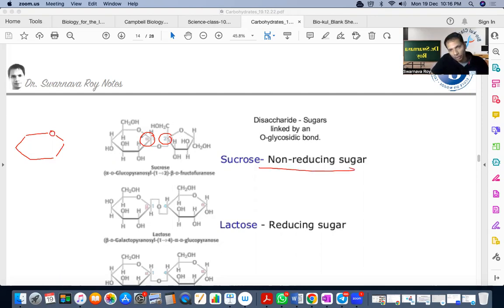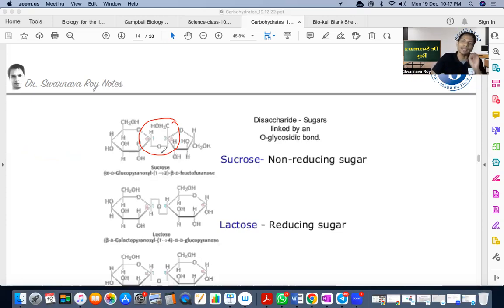In a non-reducing sugar, this anomeric carbon, again, what's an anomeric carbon? Anomeric carbons are carbons which bond with the oxygen and with the hydroxyl. So this anomeric carbon is engaged in a bond with the fructose. Okay, so when we look at this picture, we can see that the fructose and the glucose are bonded, and their anomeric carbons are involved in the bond.